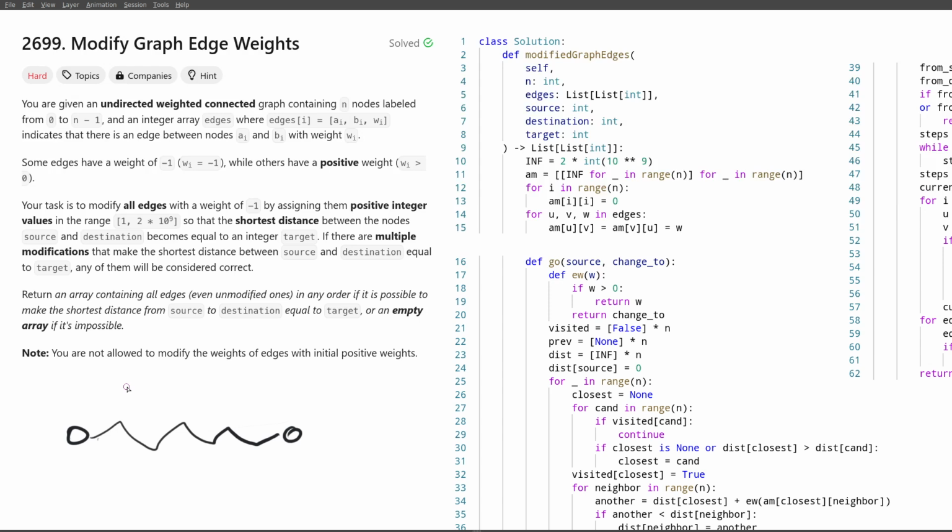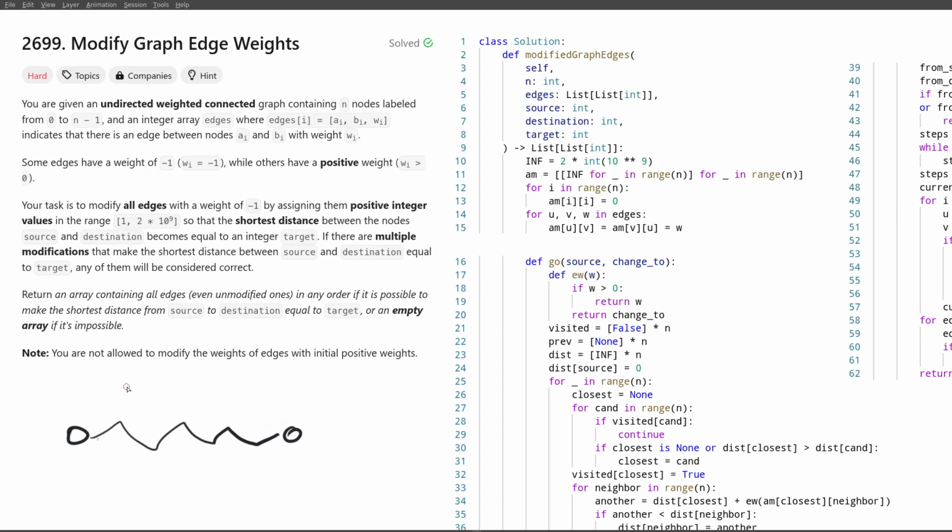Likewise, if we take all the edges and add them to the graph with the smallest weight possible, so with weight equal to 1, then we expect the shortest path from source to destination, of course, to exist. Now, if it exists and it's already equal to target, then we're happy. We can add all our edges with weights equal to 1. But it might also not be equal to target, and it's only good if it's smaller than target at this point.